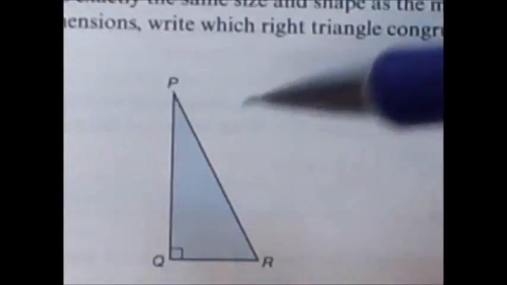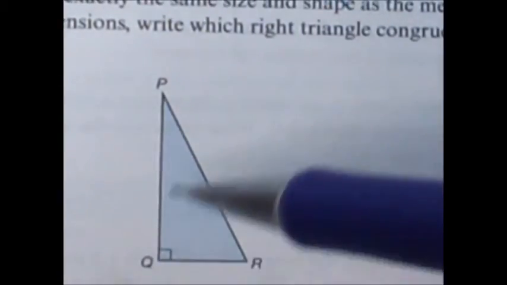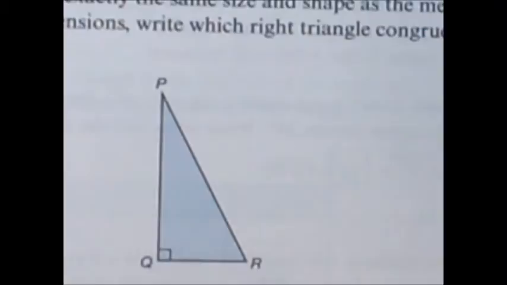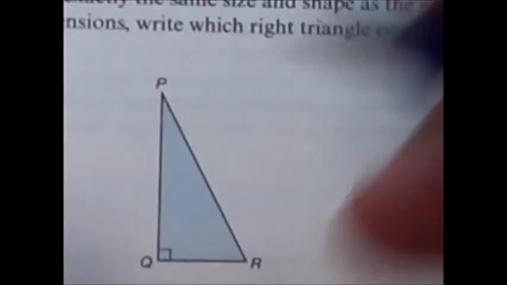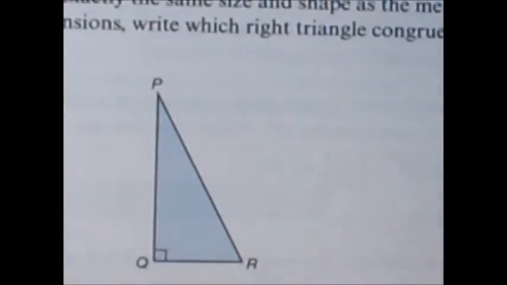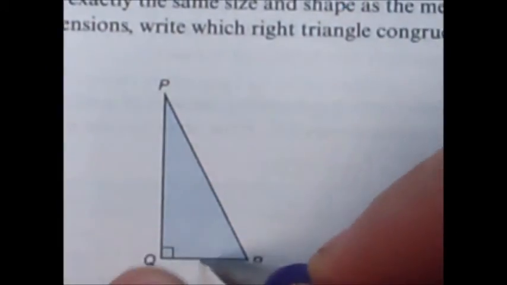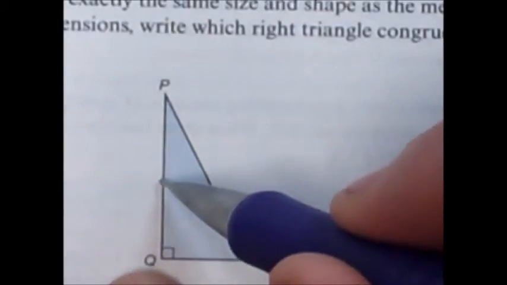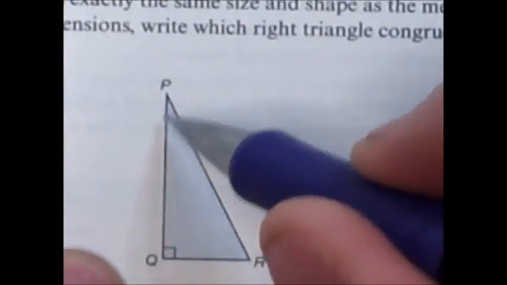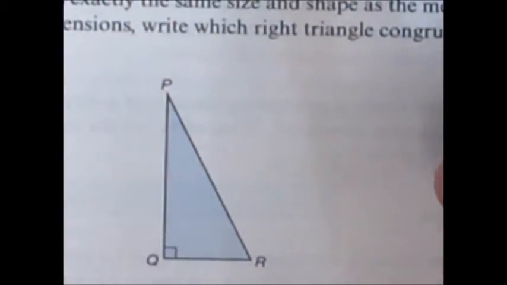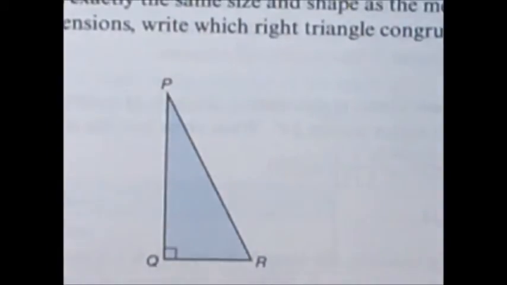Okay, so here, remembering all of the things that we've used so far, I'll just start at the very beginning, leg angle. So I need a leg and an angle to do this one. I have 2 legs, so I can use either leg and either angle, but they have to be in order. So if I use this leg, I have to use angle P. So if I say PQ and P, that would be using leg angle.